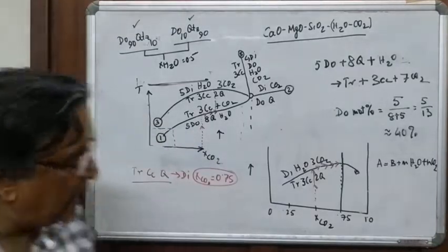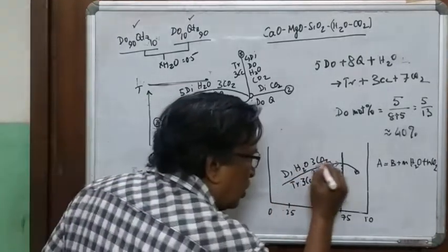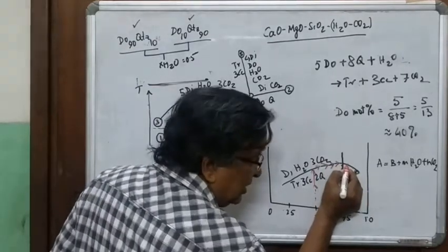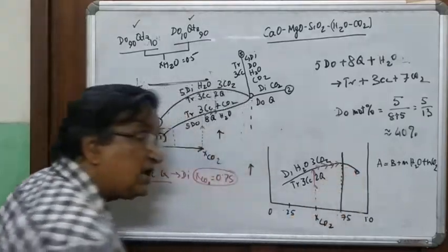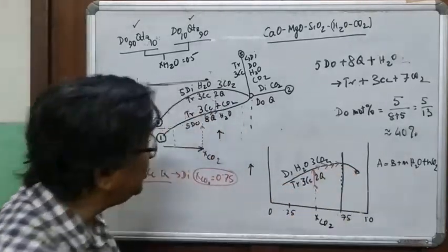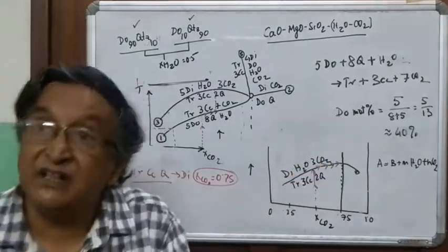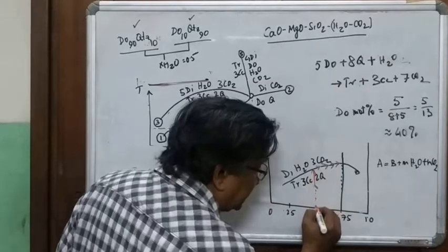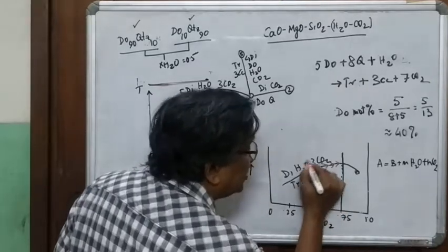Now you see what will happen. If this reaction goes on, then you can't go this way down. You see, this way down you can't go, because this is going down temperature, but you're heating the rock. So it's contradictory. So what happens if you start with the fluid of this composition and then you reach this reaction?